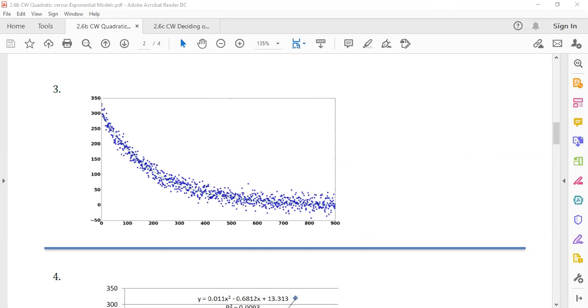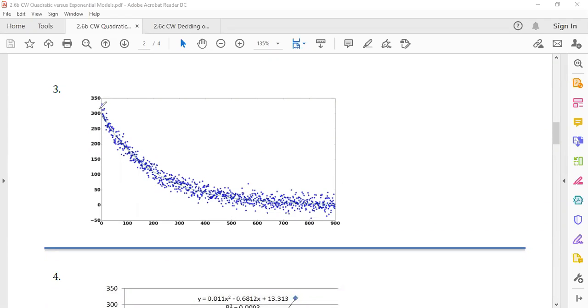All right. So let's take a look. We got 11 out of 12 of us voting, and 10 of you said exponential. 1 of you said quadratic. Okay.